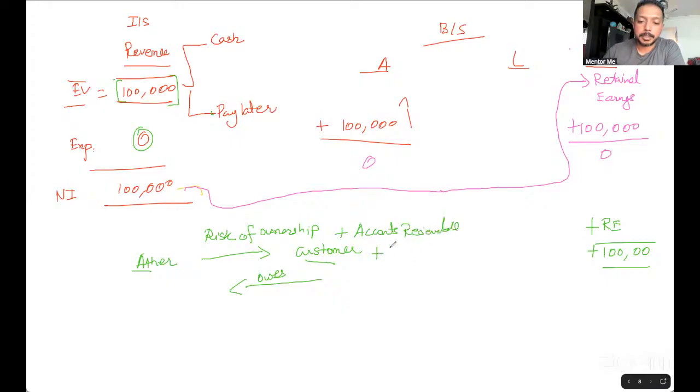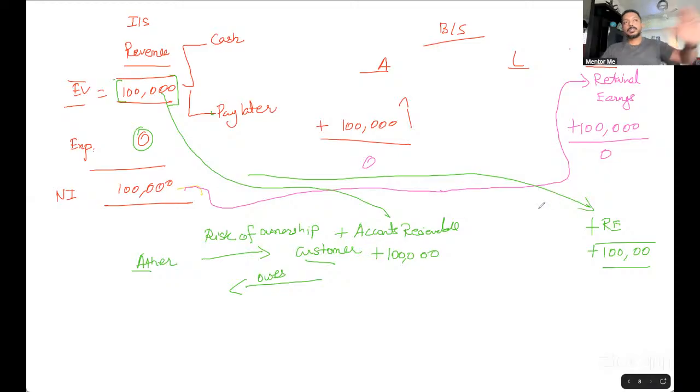So plus 100,000 again. That's how the revenue is getting linked to the balance sheet, which I was talking about. There is a huge linkage, at every transaction, between the three financial statements, without which it is not possible.